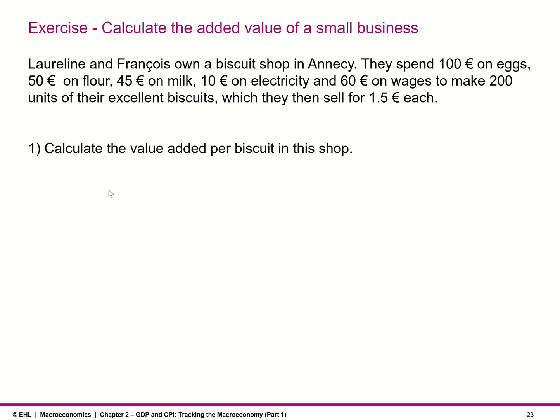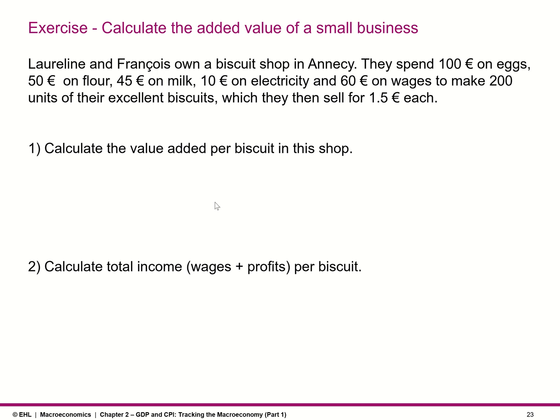This is a small exercise to calculate the added value of a small business. In the first question, you will only have to apply the formula of the added value that we've seen in the two slides earlier. So it's the production value minus the intermediate consumptions. And intermediate consumptions means goods and services that are used in the production process.